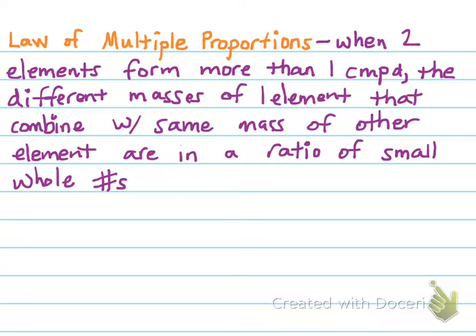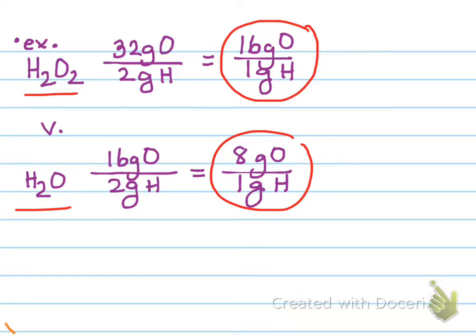So when two elements form more than one compound, the different masses of one element that combine with the same mass of the other element are in a ratio of small whole numbers. So we're going to take a look at that back on what we just looked at.